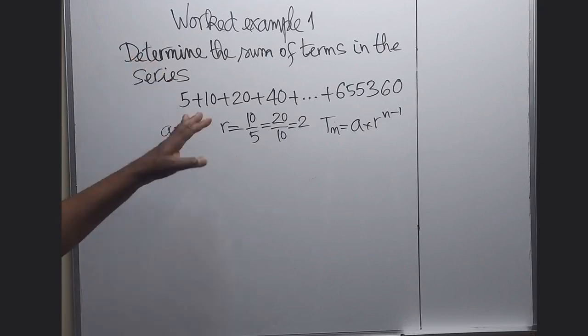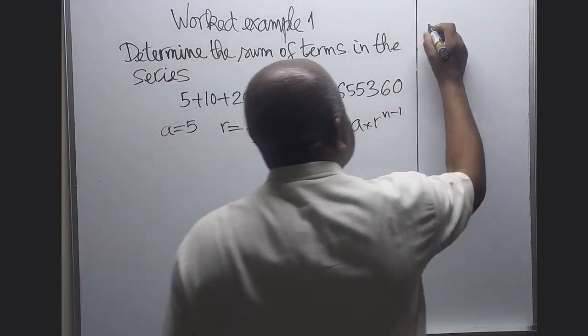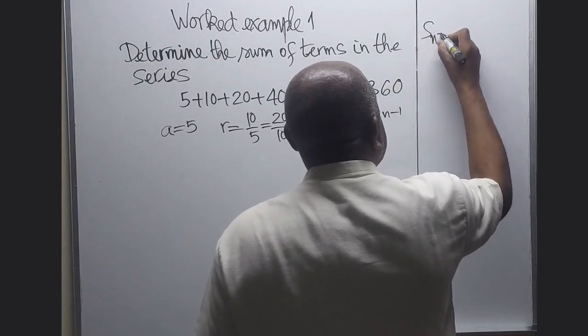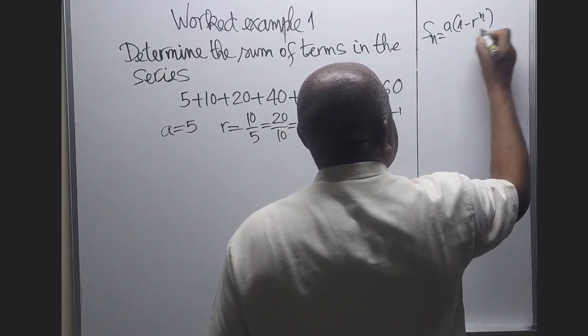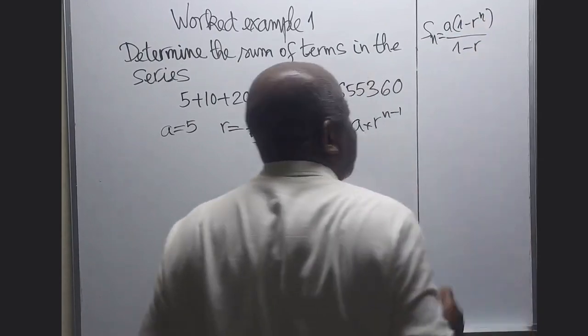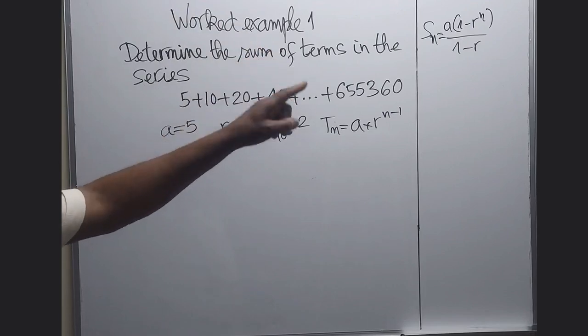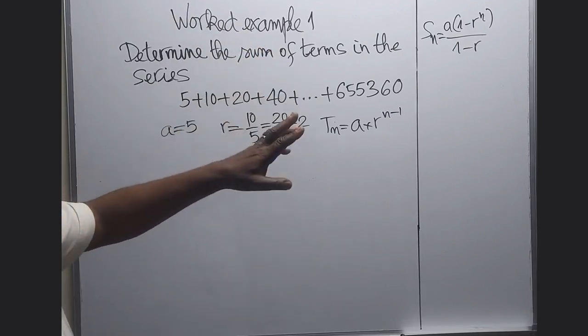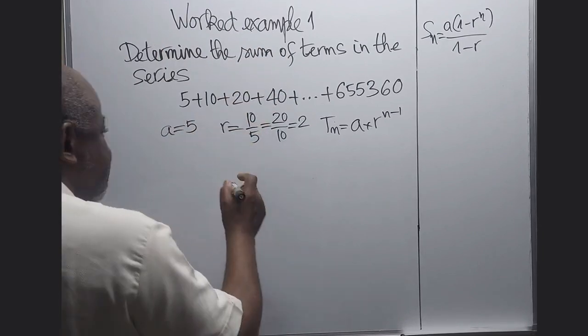And if we want to determine the sum, as we have seen, I'm going to remind the formula we got here. Sn is equal to a times 1 minus r to the power of n over 1 minus r. So that's what our common ratio is already there. Now we need to get the number of terms of our series.